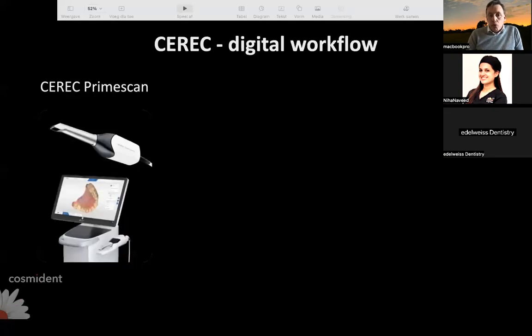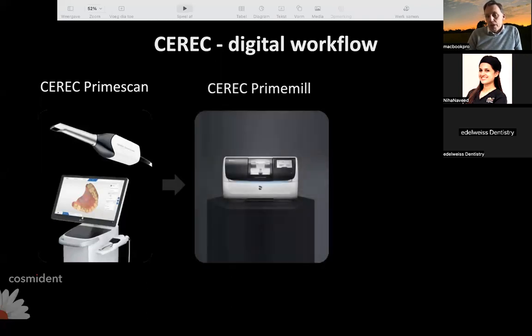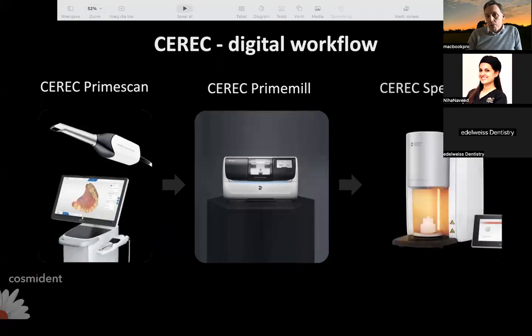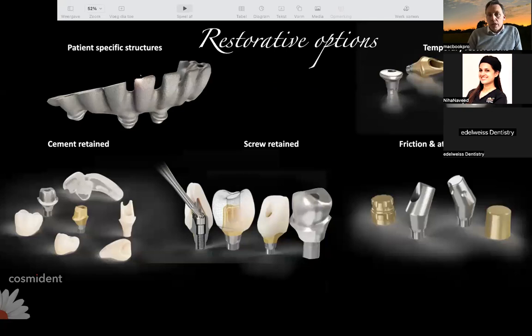The way we work, like I told you, is we do an intraoral scanning with the CEREC Primescan. We go into milling, and if we need, a speed firing, but with new blocks we don't need it anymore. That's what we will show you all the time. What can we do? We can do a lot of restoration types.